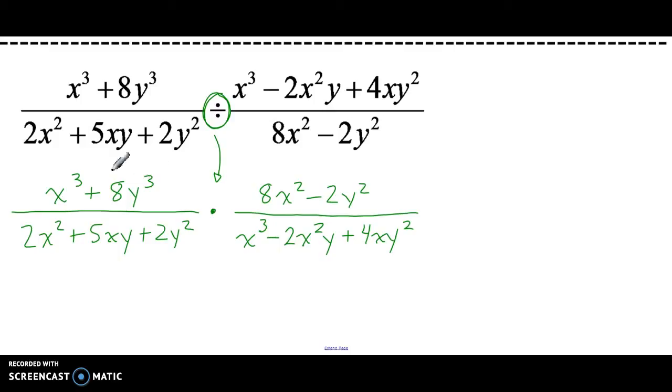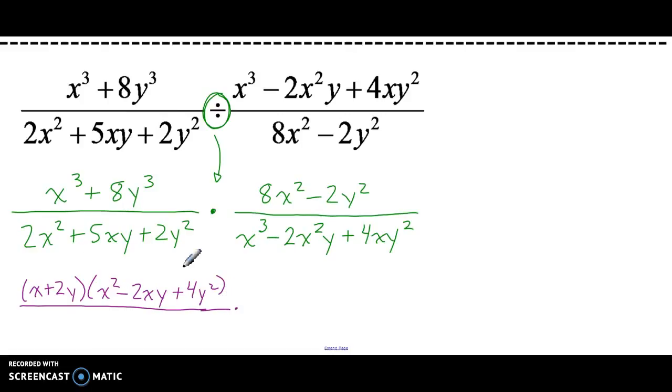Okay, so this first numerator is a sum of cubes. So the sum of cubes shortcut is a little trickier. When you factored that one, you should have gotten x plus 2y times x squared minus 2xy plus 4y squared.